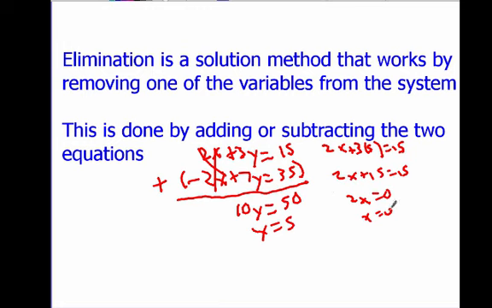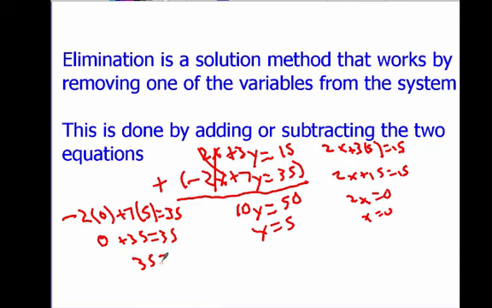Well, we could test that by plugging that back into our other one. Negative 2 times 0 plus 7 times 5 equals 35. Negative 2 times 0 is 0. 7 times 5 is 35. And 0 plus 35 is 35. So it works for both, so my answer is 0, 5.